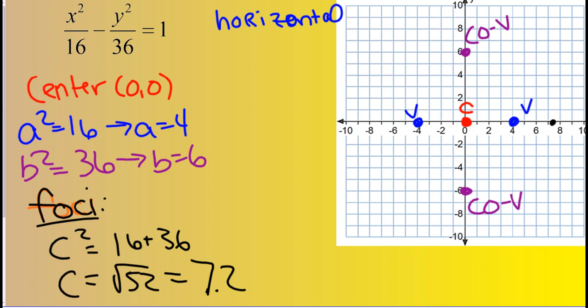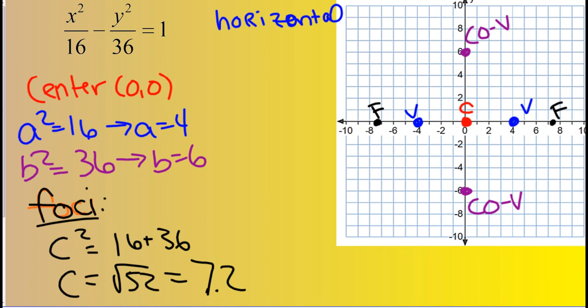Remember, your vertex and your focus have to be on the same line. So there's a focus, and then I count to the left. Everything I'm counting, I'm going back to my center and counting from there. So I'm back at the center, 0, 0, and over to 7.2. There's a focus. All right, I have all the framework down.